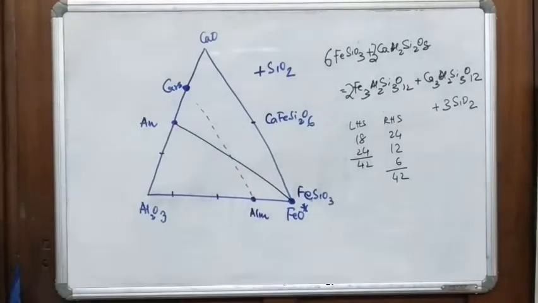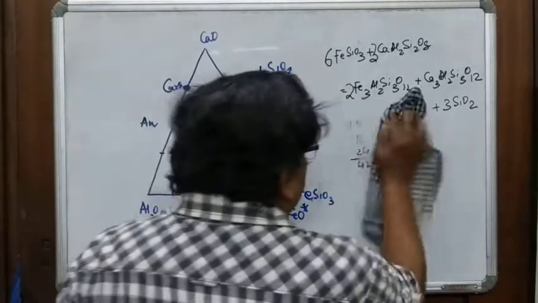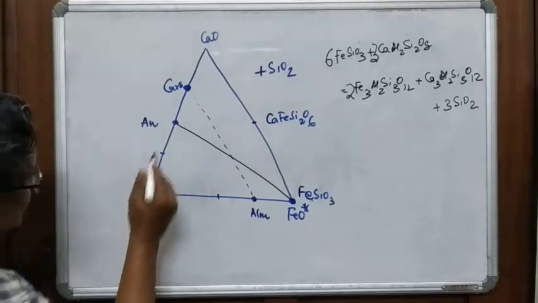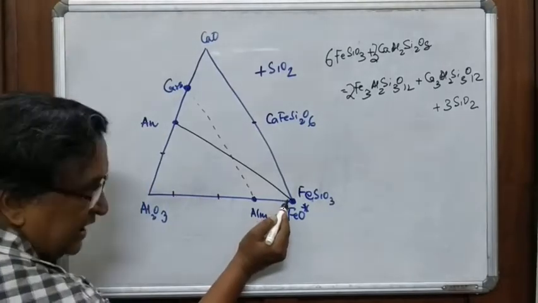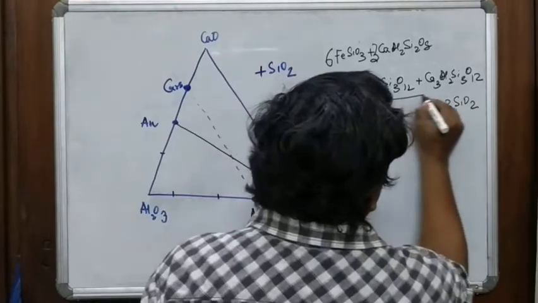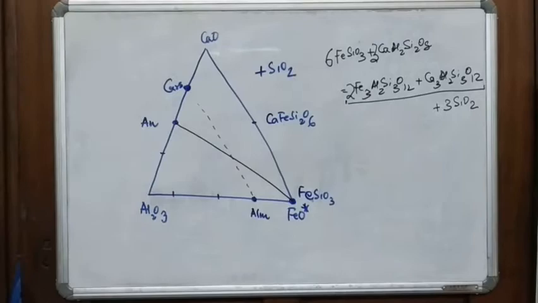So your silicon is also balanced. What is the reaction now? This reaction here, anorthite plus ferrosilite, gives you a garnet where the almandine to grossular ratio is in the proportion 2:1.